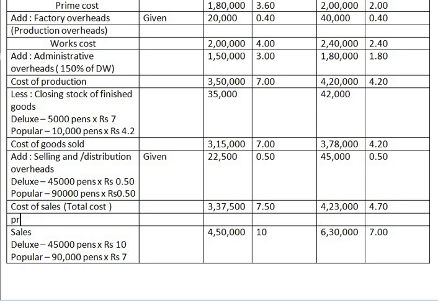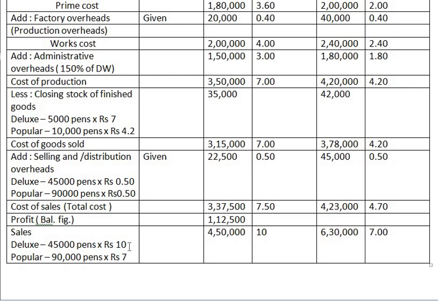And profit. So in bracket you can write, it is balancing figure. 4,50,000 minus 3,37,500. So that is 1,12,500.